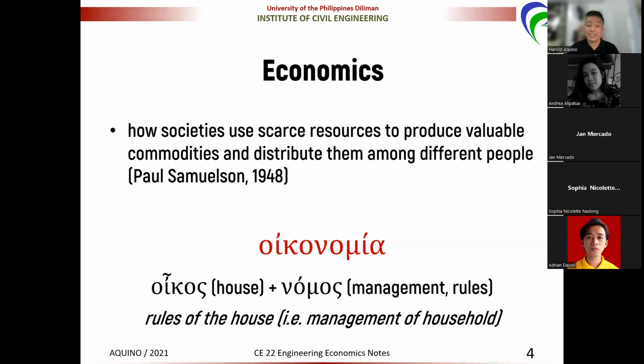We can employ the same principle at the level of the community, at the level of the country, or even globally. In fact, Paul Samuelson in 1948 defined economics as the study of how societies use scarce resources to produce valuable commodities and distribute them among different people.